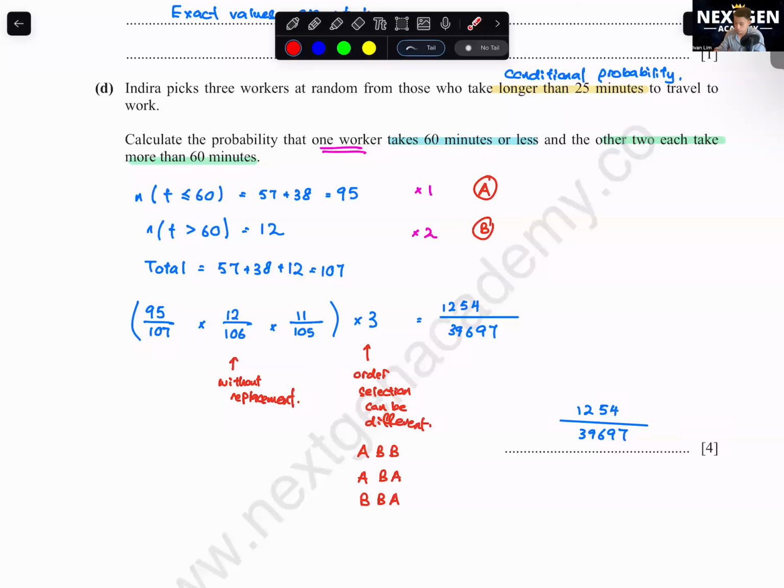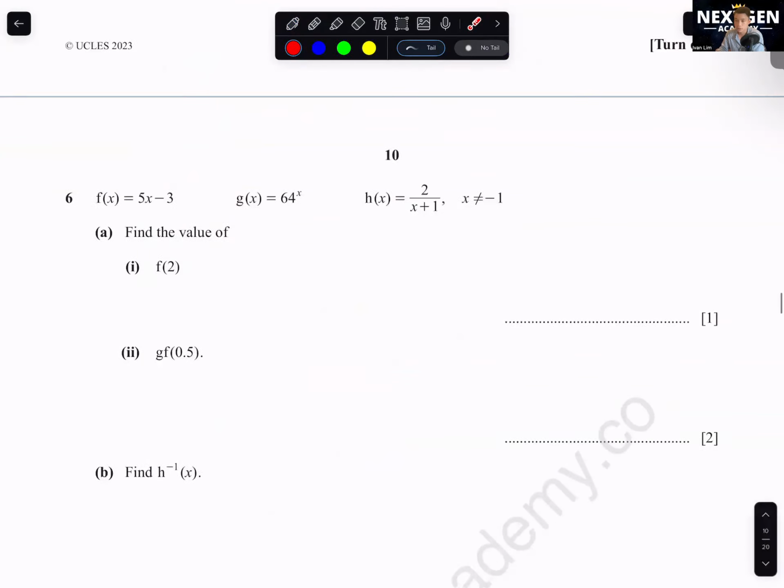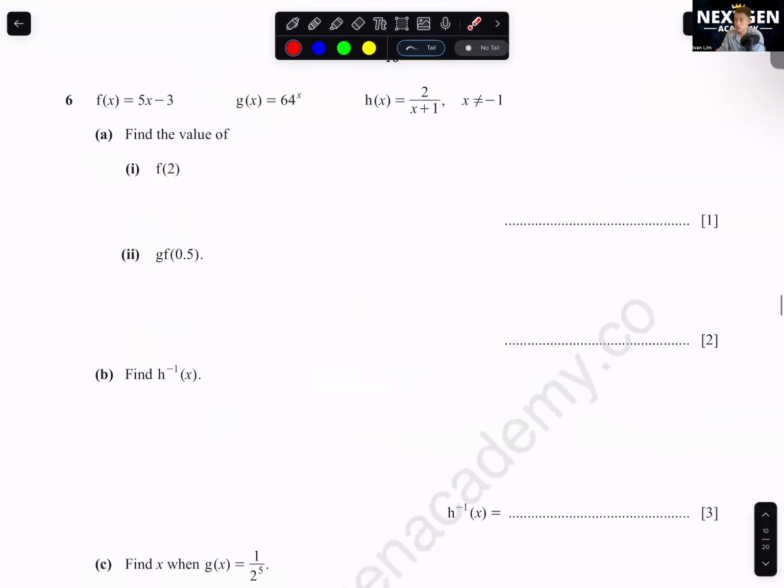Okay, before we move on to our next thing for today. Okay, functions. This is functions. Fx, Gx, Hx. Find the value of F2. How to find F2? Just substitute 2 into the equation. 5 times 2 minus 3, you get 7. GF, okay, GF of 0.5, G of 5 times 0.5 minus 3.